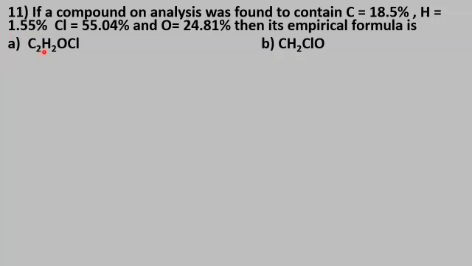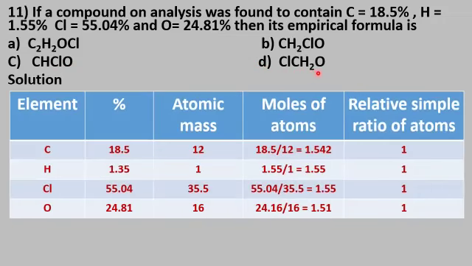Option A C2H2OCl, option B CH2ClO, option C CHClO, option D ClCH2O. Solution. So you have to follow this method.